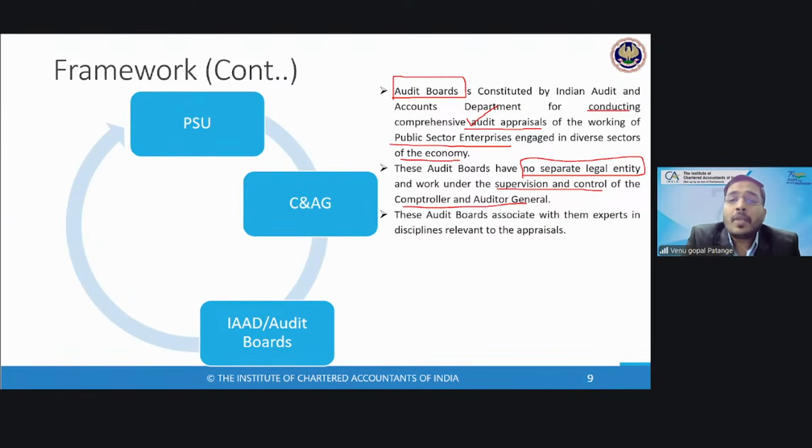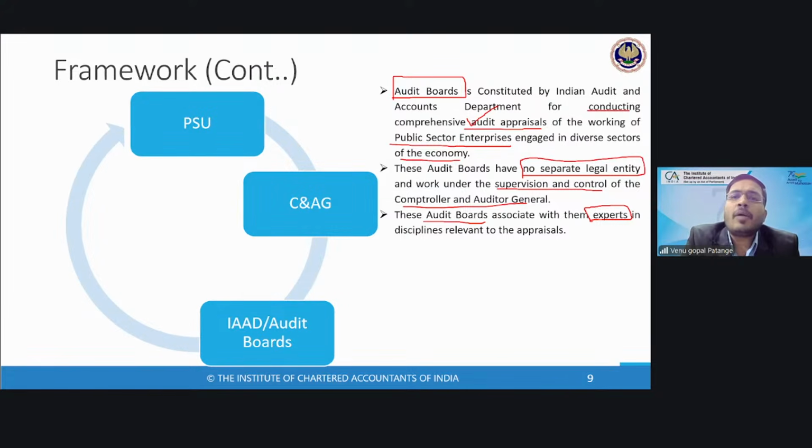Whenever necessary, these audit boards need experts' help. Similar to our auditing standards, whenever an auditor needs help of experts, he will take help of experts. Similarly, audit boards also will take experts' help. All the items which are subject to audit in case of PSU are not financial oriented. When we go to types of audits, we'll see there are different types: financial audit, compliance audit, performance audit, proprietary audit, comprehensive audit.